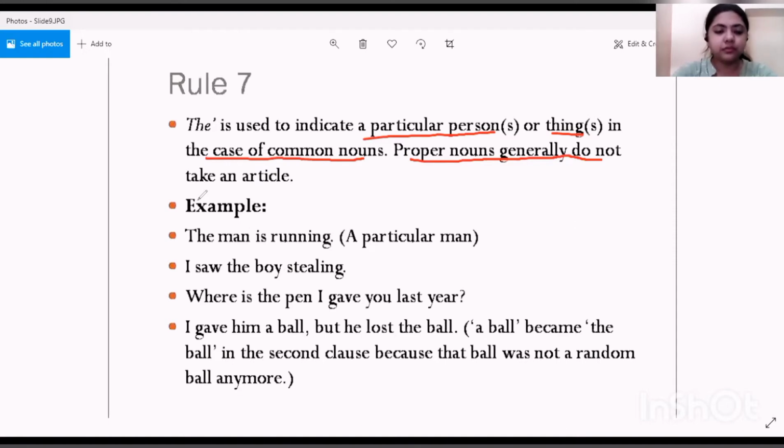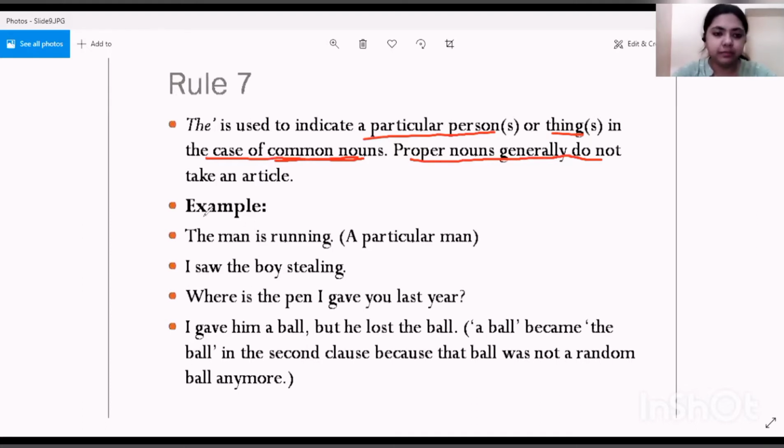So we do not say the Brajendra. Okay, it is only Brajendra. So the is used to indicate a particular person or thing in case of common noun, right? And proper nouns do not take any article. So this point should be very much clear to you people.